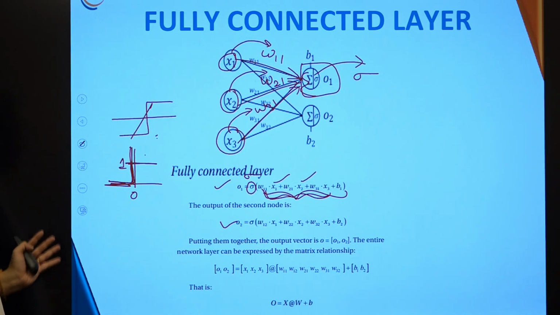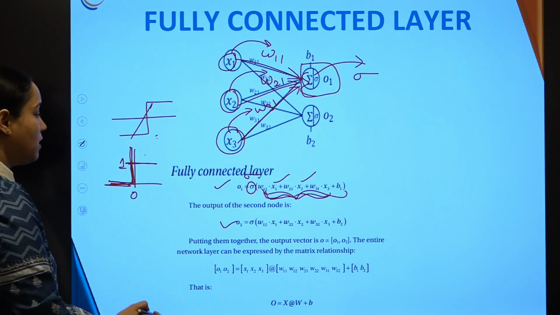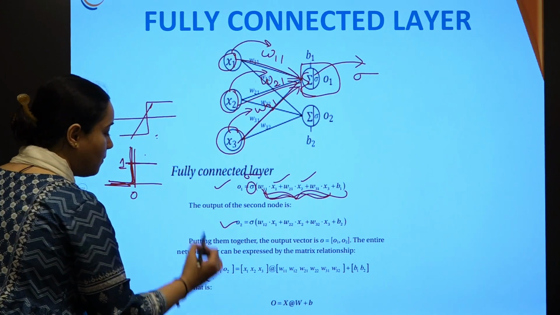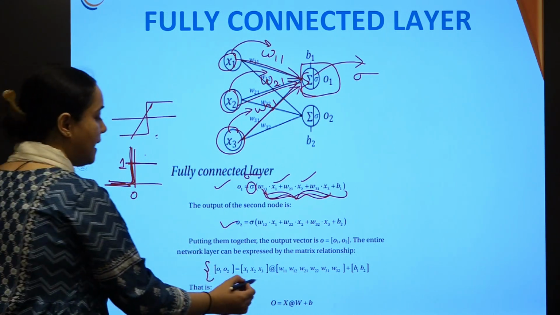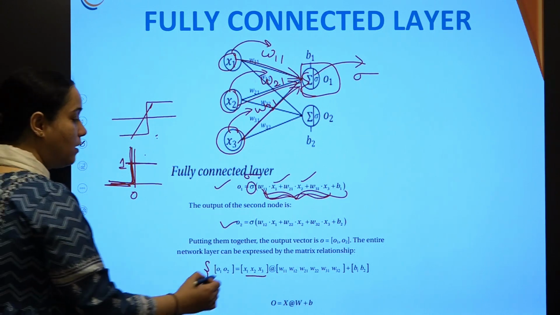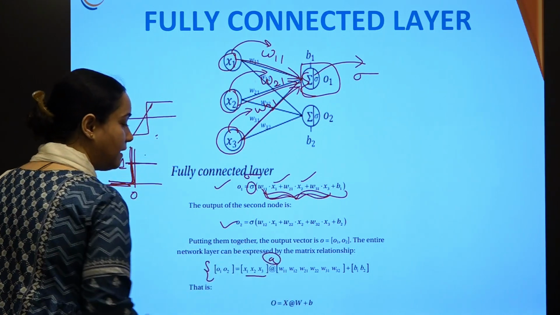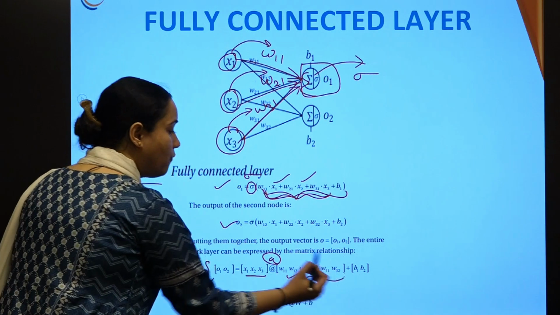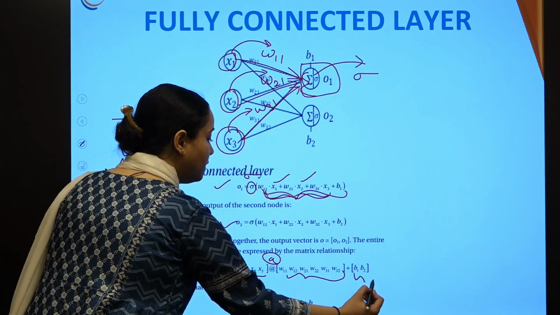So if I want to express the entire network relationship as a matrix, then what I am going to do? As a matrix I am going to write O1, O2. X1, X2, X3 are the inputs, and you can see here I am using @. This is the vector of weights, this is the vector of bias.